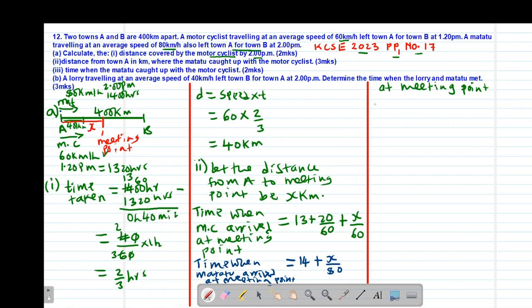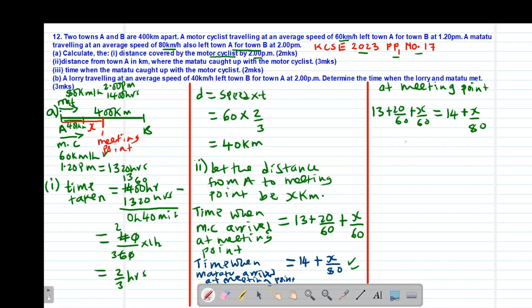Therefore, 13 plus 20 over 60 plus x over 60 should equal 14 plus x over 80. That is what should happen at the meeting point.